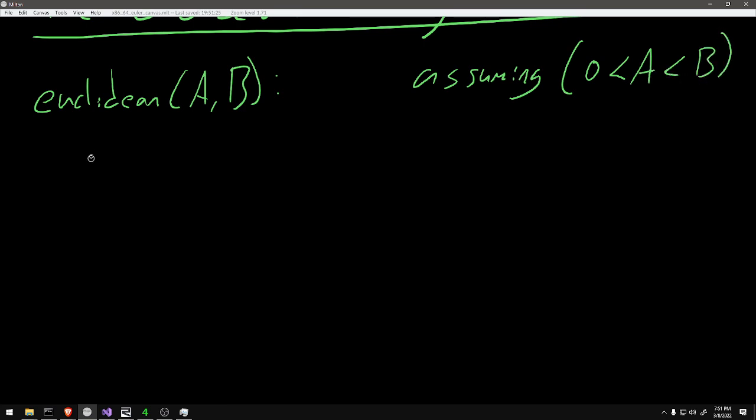Then what we do is we want to use the modulo operator, and we're going to say that our result is like this. If A equals 1, then we can return B. Okay?